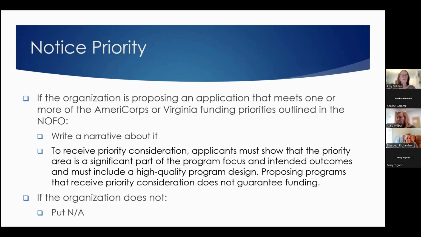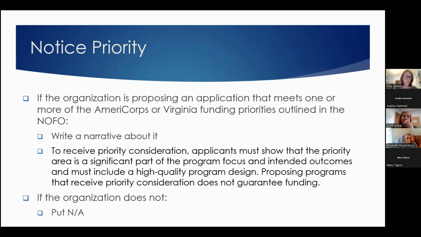Every year in the notice of funding opportunity, AmeriCorps, the federal agency, lists priority areas that they're going to give more attention to and funding in that year. The Serve Virginia Commission is going to do the same. They're going to say these are priorities in Virginia that we want to make sure we give some priority to in decisions we make about funding.